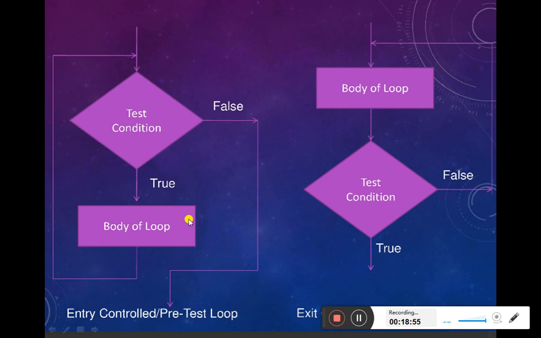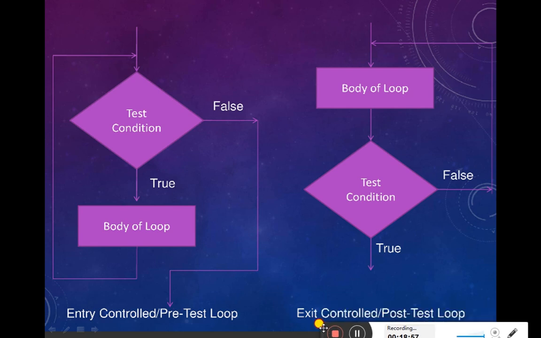So basically we have two types of looping statements in C language and most of the other languages also. They can be grouped under entry controlled, or pre-test loop, or exit controlled, also called post-test loop.